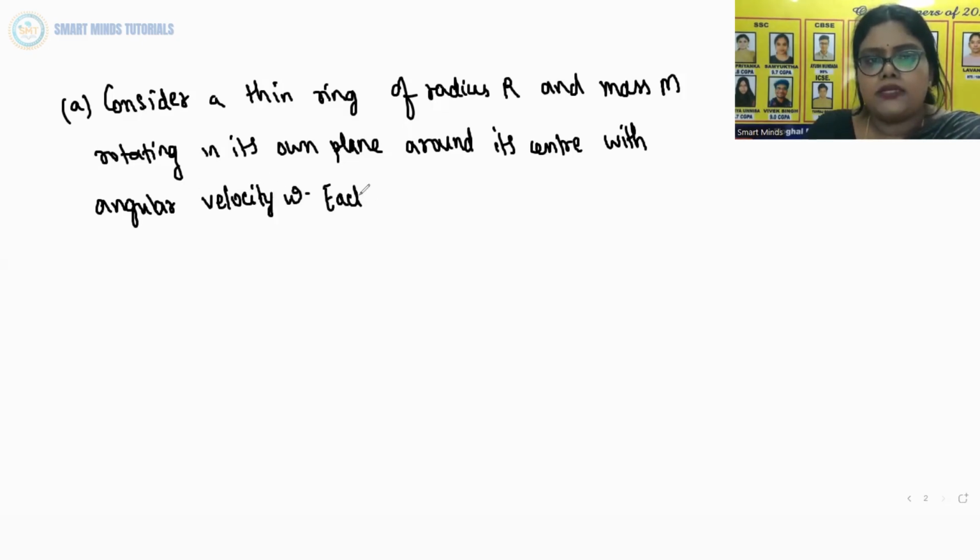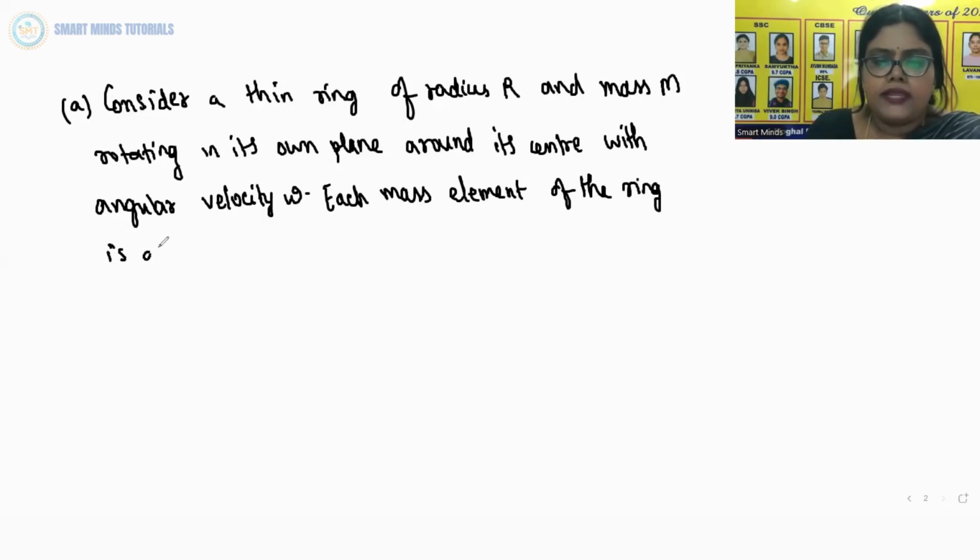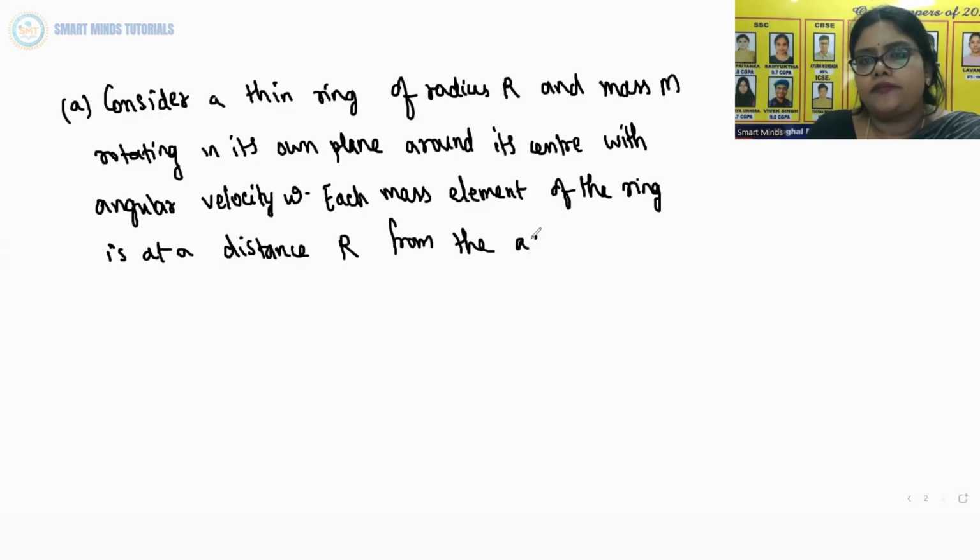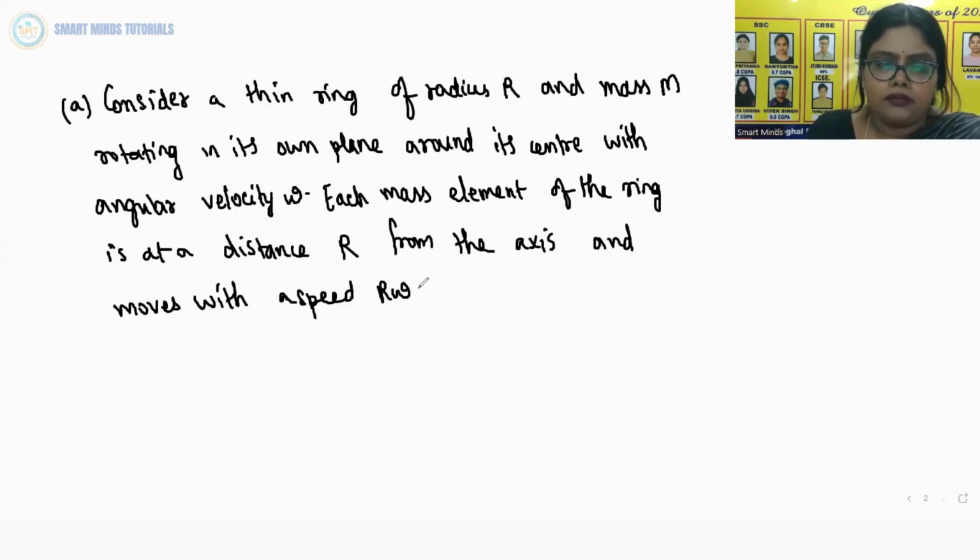Each mass element of the ring is at a distance r from the axis and moves with a speed r omega.